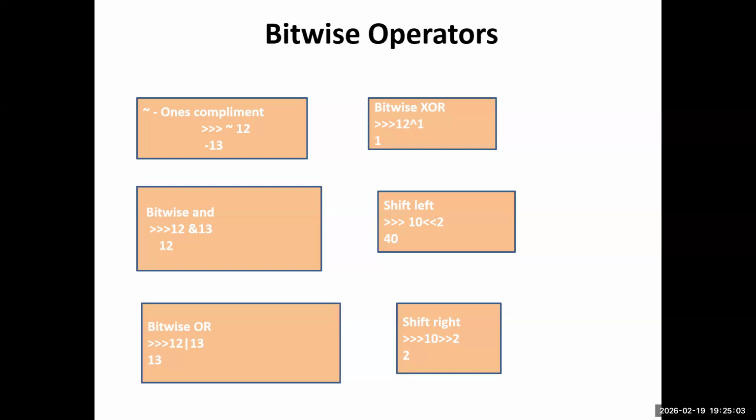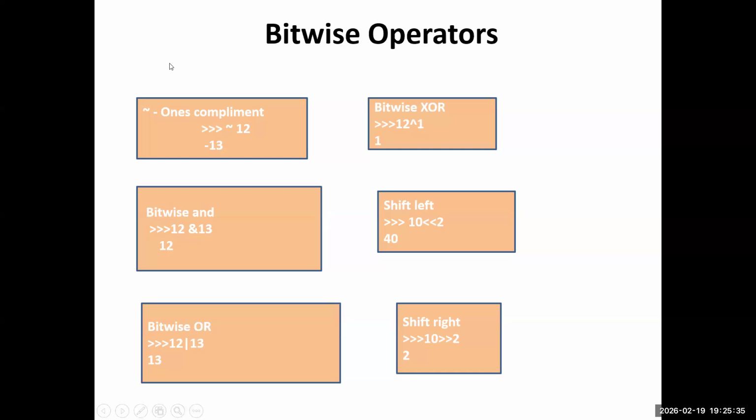Whatever value you have taken, it will first be converted to bits. Suppose your input is 1, and the equivalent binary value is 001. If you want to take the one's complement of 1, wherever 0 occurs, the 0 becomes 1 and 1 becomes 0. So this is what we call one's complement.